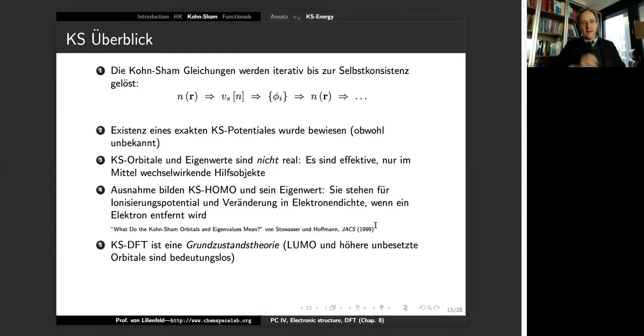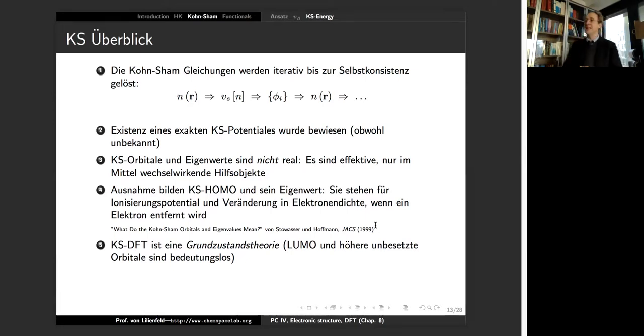So the HOMO eigenvalue could be the ionization potential, and in Kohn-Sham DFT, strictly speaking, it's really a ground state theory, meaning that only occupied molecular orbitals are part of the procedure, and hence only they should be discussed. We should not be discussing unoccupied orbitals in a strict way, but in practice, we actually do.